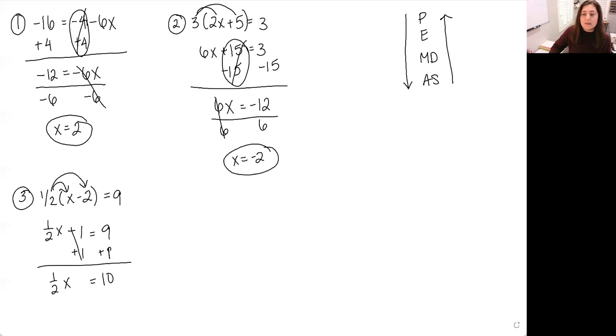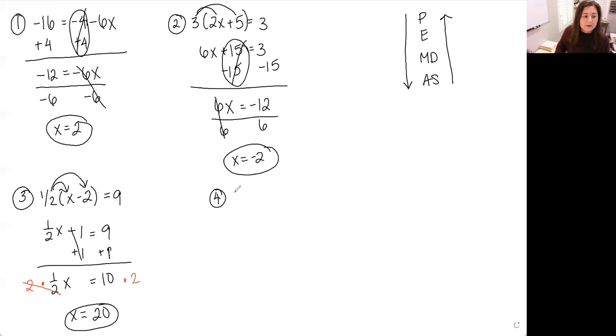In this case, I'm going to actually multiply both sides by 2, because half of 2 is 1, and that's going to create my 1 pair. Okay, so then I'm going to be left with x equals 20.